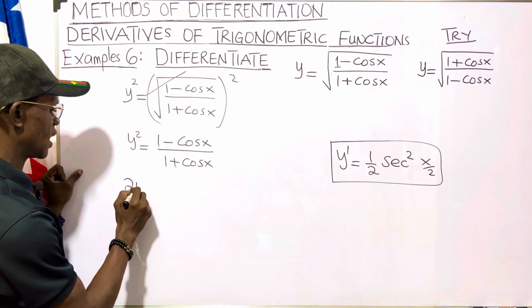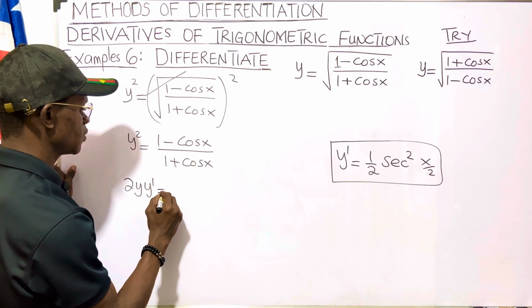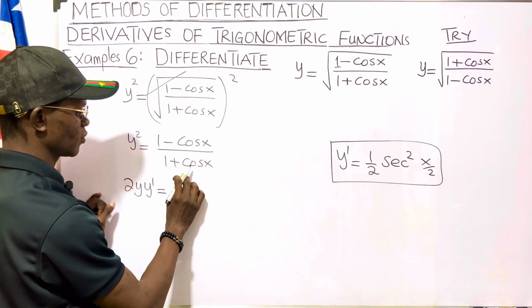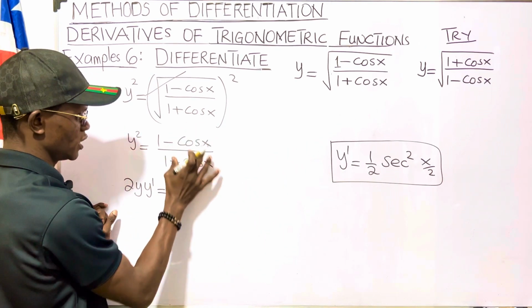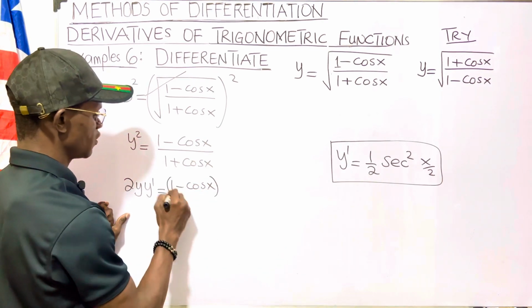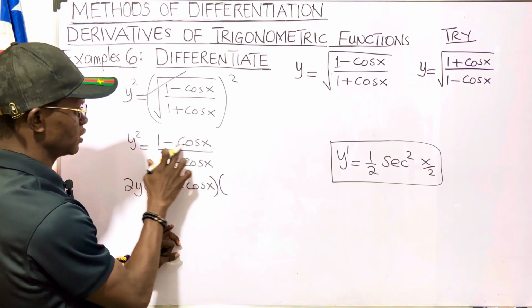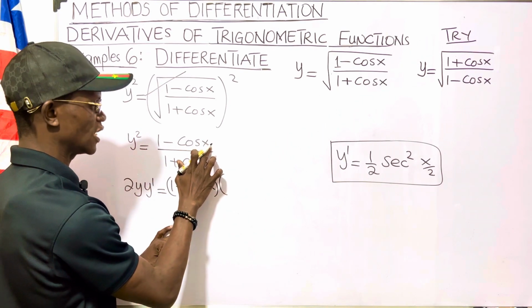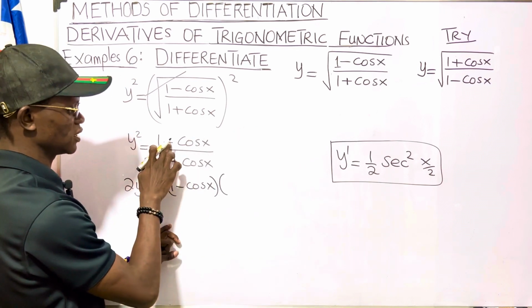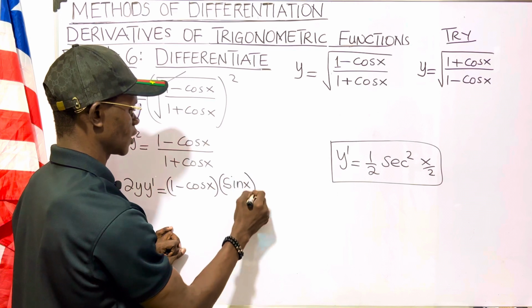So this one will give us 2y, then we attach y prime because this is the name of the function. Equals, we use the quotient rule right here. We hold the denominator first, 1 plus cos of x, and we differentiate the numerator. So the derivative of 1 is just 0. The derivative of cos of x is negative sine of x. So negative times this negative is positive. So it's positive sine of x.